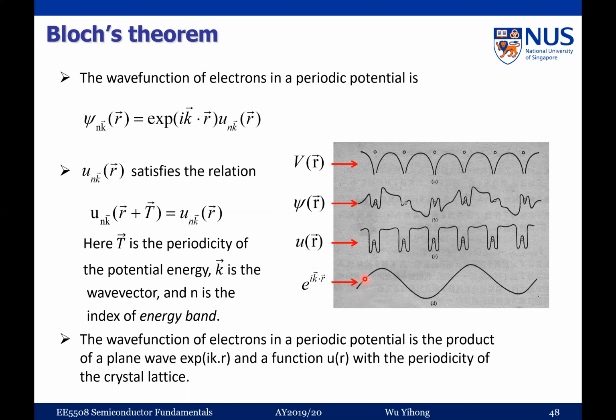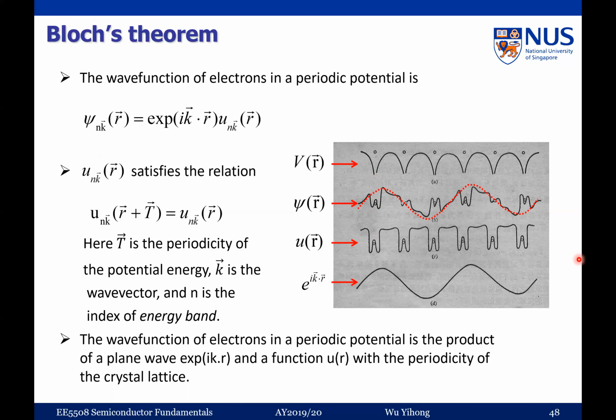Now you can see that in between the two atoms, this wave function is quite close to free electrons, right? But near the nucleus, the wave function is quite different from this plane wave, right?